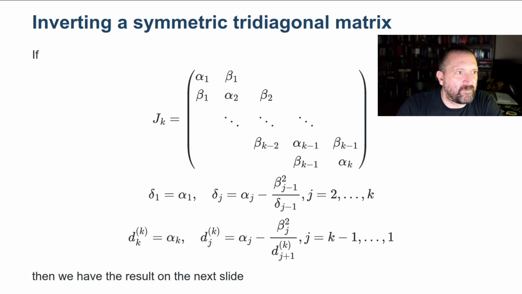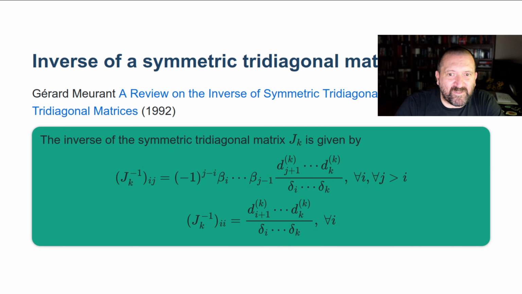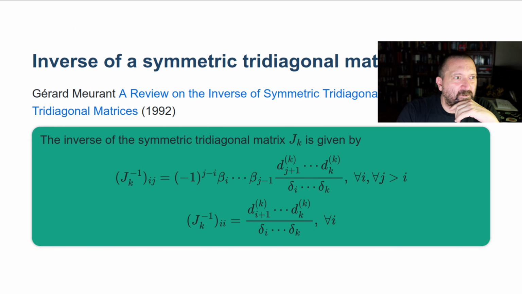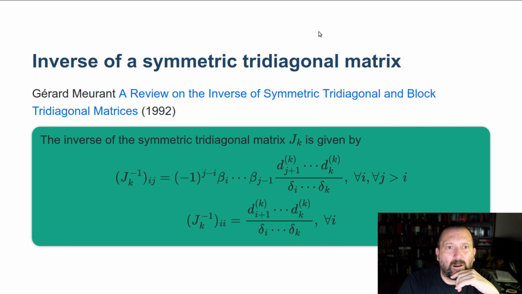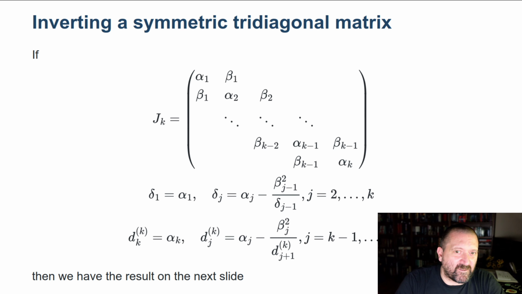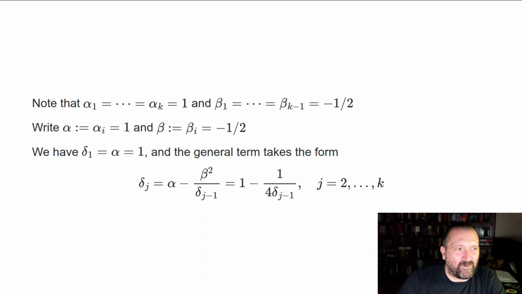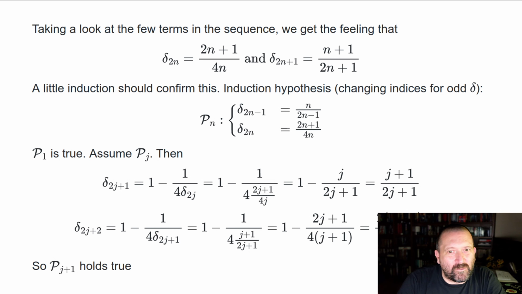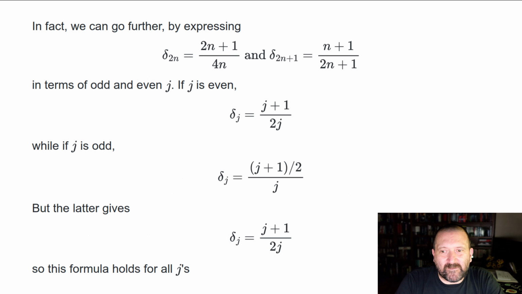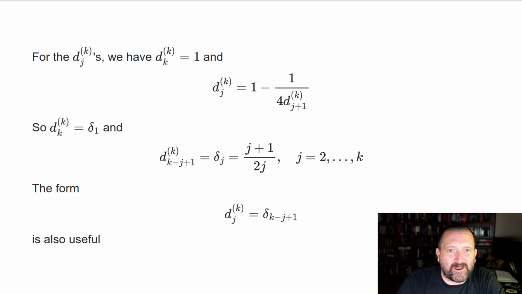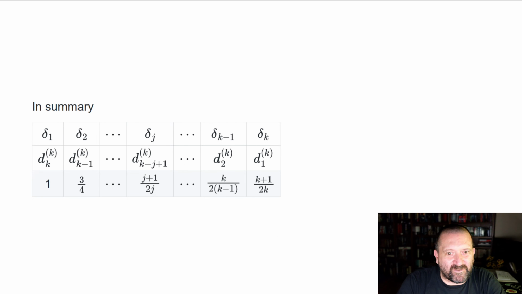It's not easy, and it takes a few steps, but there are results on how to invert a symmetric tridiagonal matrix or a non-symmetric tridiagonal matrix. Things are sometimes complicated. This one is symmetric, so that's easy. There's an algorithm that you can go through. You write a variety of expressions, and as I said, we're not going to spend a lot of time on this.